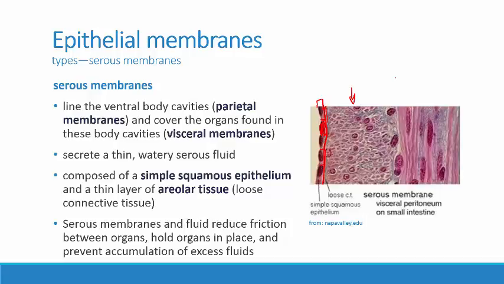That's the hard belly fat that we can get inside the abdominopelvic cavity. All right, so simple squamous epithelium with cells that will secrete a serous fluid into the cavity and will also absorb excess fluid back into the body.